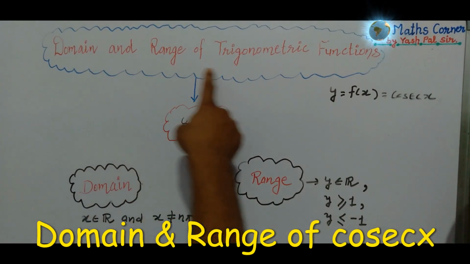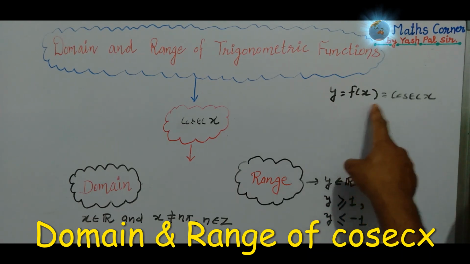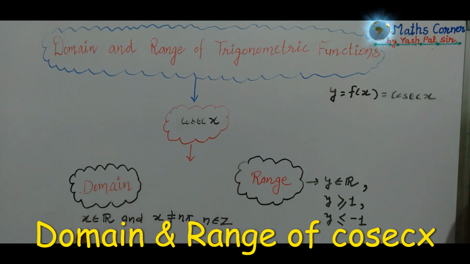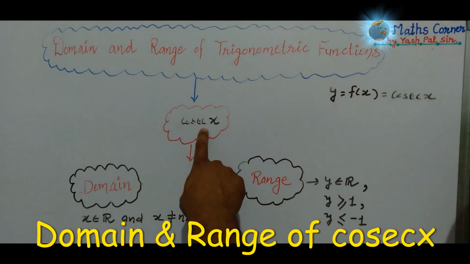Under domain and range of the trigonometric functions, if y is equal to f of x, this takes the value of cosecant x. Then domain, the set of all real numbers, but x is not equal to n pi, where n belongs to integers. Because at x is equal to n pi, cosecant is not defined.